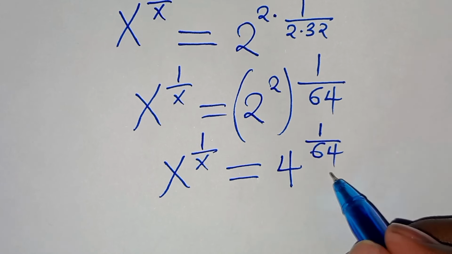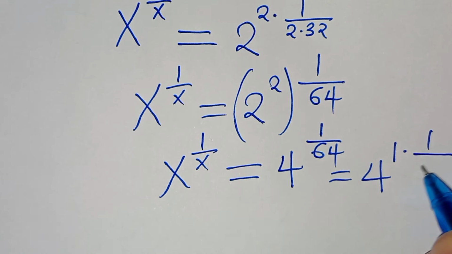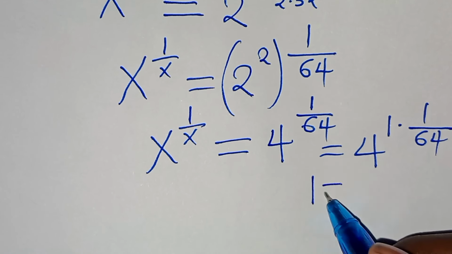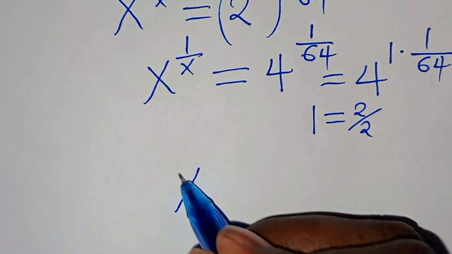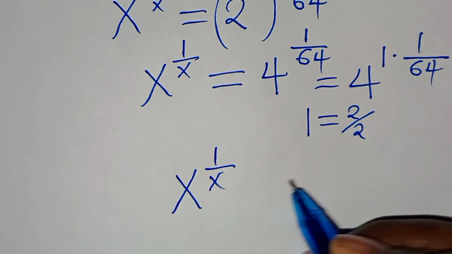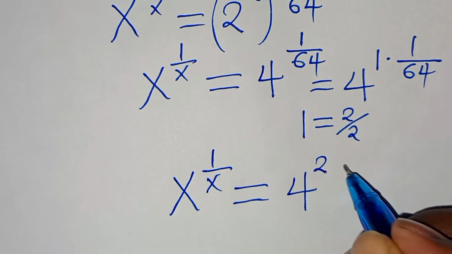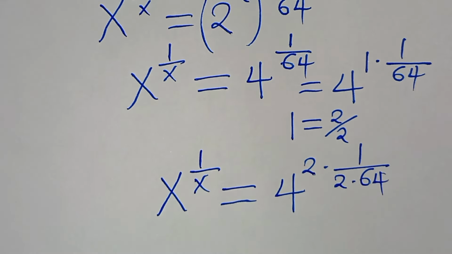Now, this is again in the form of 4 to the power of 1 times 1 over 64. So we can express 1 as 2 over 2. And therefore, we have x to the power of 1 over x equal to 4 raised to the power of 2 times 1 over 2 times 64.